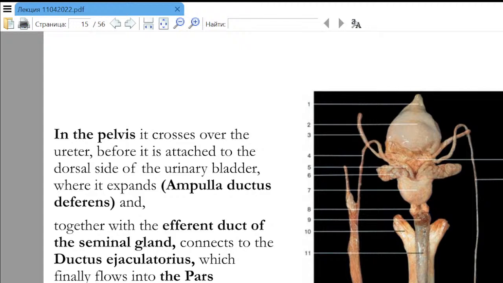In the pelvis, it crosses over the ureter before it attaches to the dorsal side of the urinary bladder, where it expands and forms the ampulla ductus deferens.